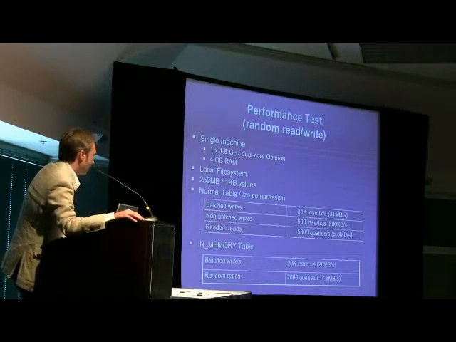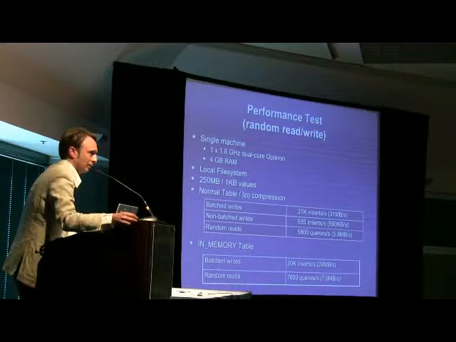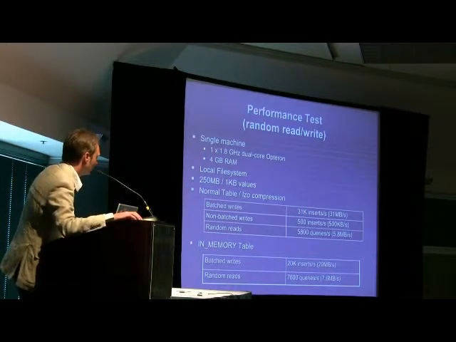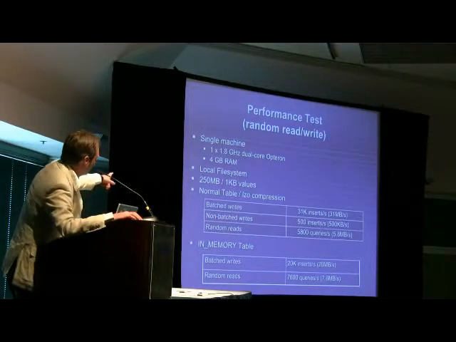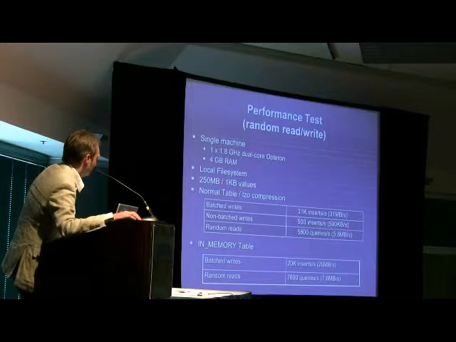And this was just a small single node test that we ran recently, where the file system was the local file system, so it was just one copy reading and writing from the local disk, putting 250 megabytes into the table. Each value was 1K.